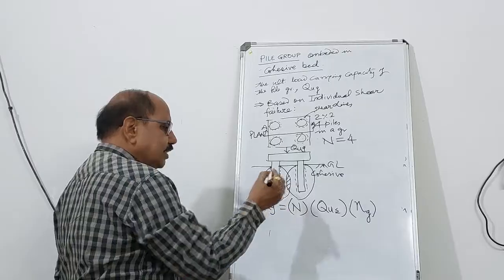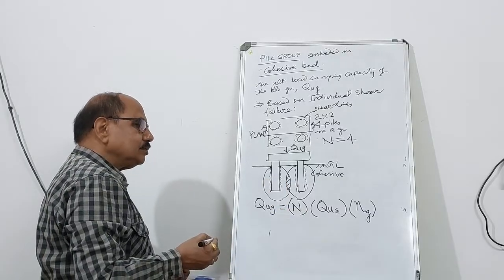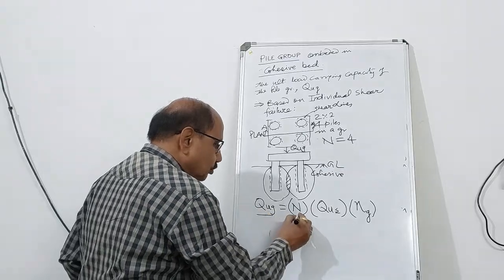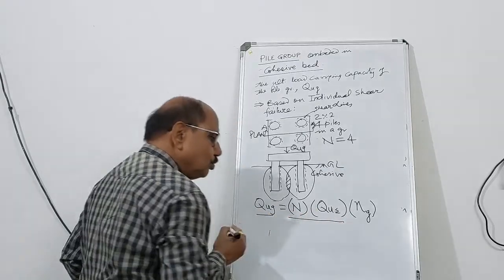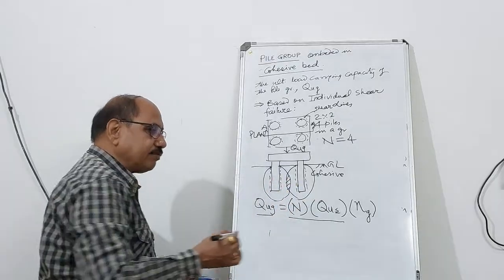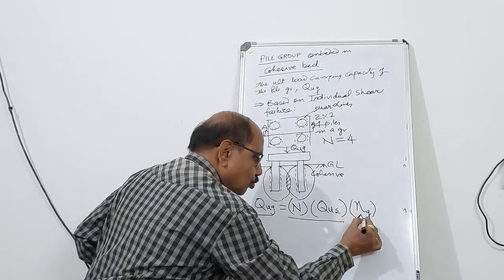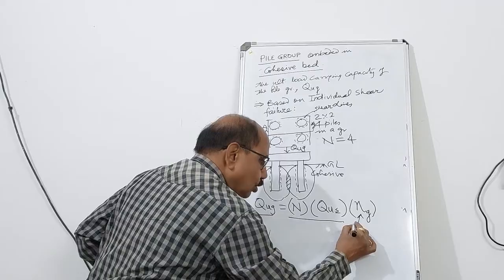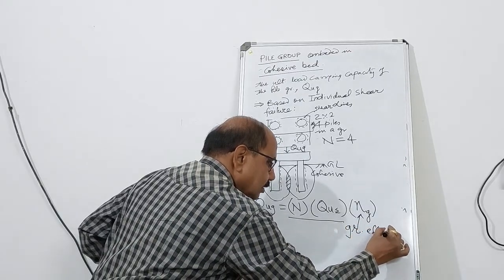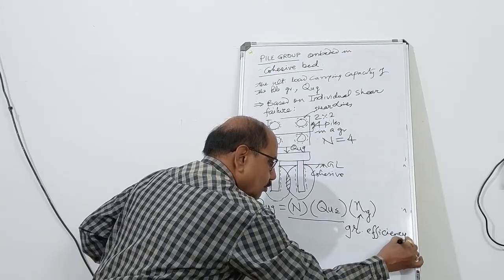And because of the merging of the pressure bulbs, you will not have QUG equal to n times QU of a single pile. You will have to multiply it with a group efficiency factor. So this group efficiency factor is very important.